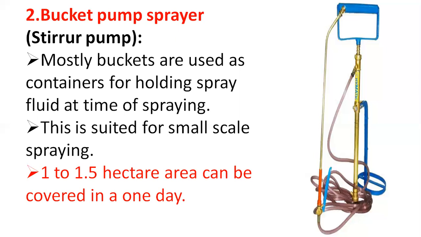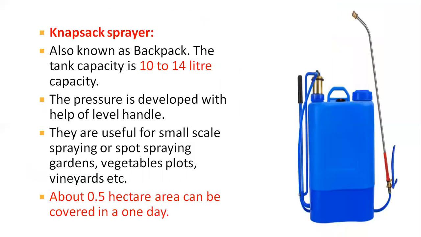Okay, so the next one is the knapsack sprayer. This knapsack sprayer is generally used in crops to control various weeds, insect pests and some diseases. It is also called a backpack sprayer. Why?